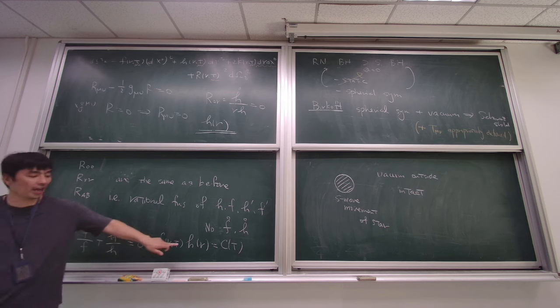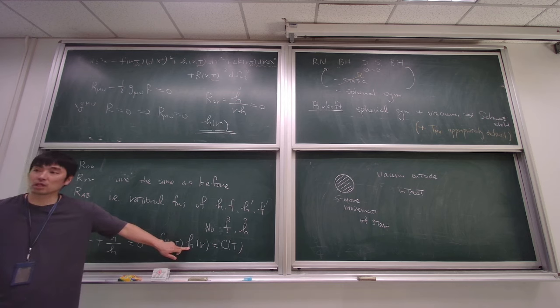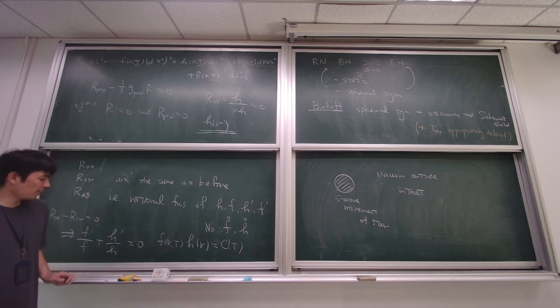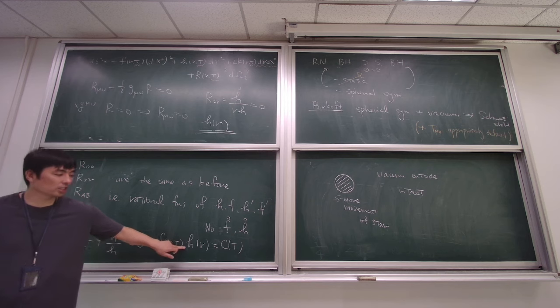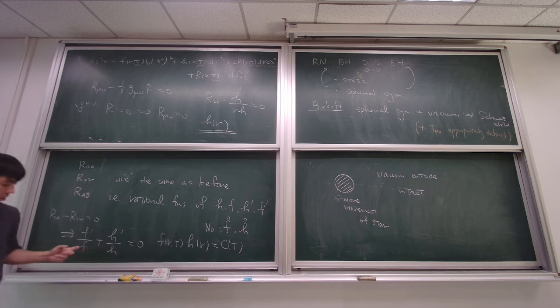And we know that h is independent of t. So if f times h is independent of r, this equation will be satisfied.